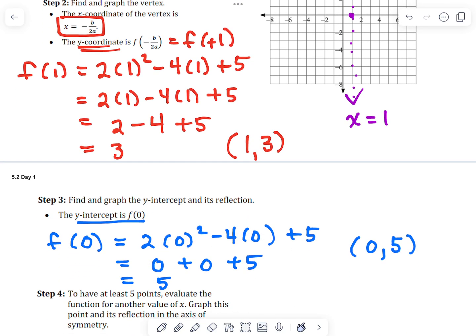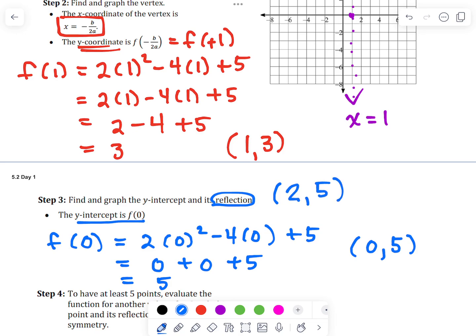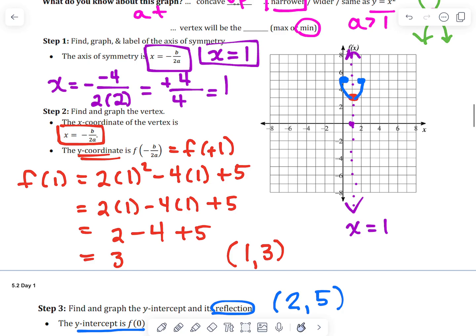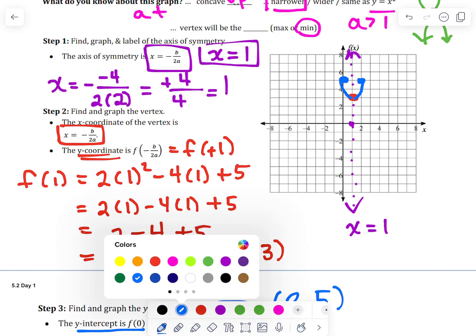My reflection point is reflected across the purple line at (2, 5). Now we have 3 points. That is fine to create our parabola.